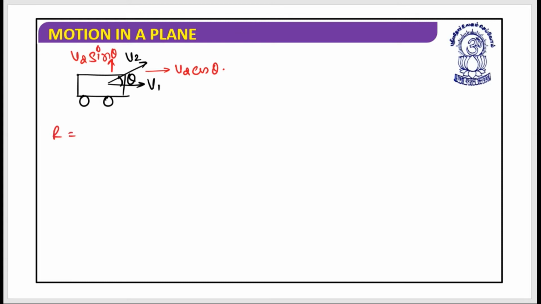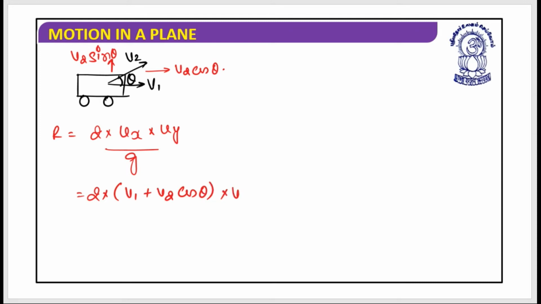So range can be written as 2 into ux into uy divided by g. This equals 2 into ux, which is V1 plus V2 cos theta, multiplied by uy, which is V2 sin theta, divided by g. This could be the range.